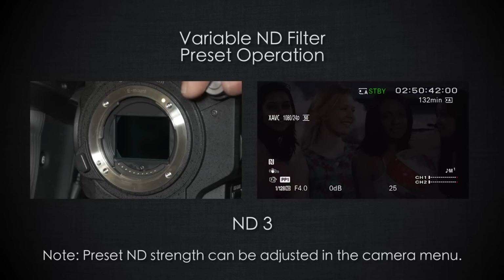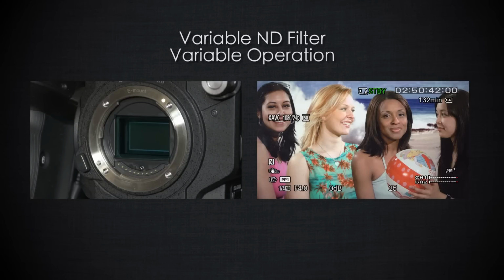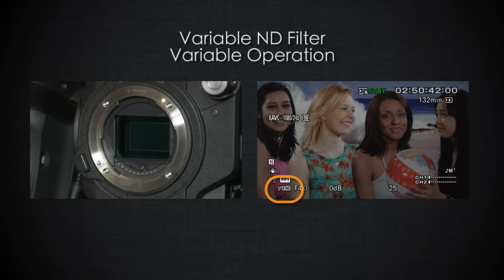But the really clever thing that you can do with this camera is when we have the ND filter engaged, we can switch this switch from preset to variable, and then using this adjustment here we can vary the ND filter in its intensity or its strength.